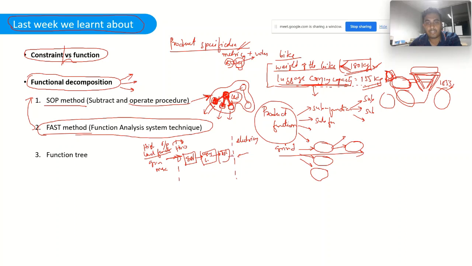Then how to rotate? Using a motor. How to rotate the motor? Using electricity. So like that we connect from output to input, asking the question how, and we verify the same thing asking the question why, from left to right, from input to output. Clear?